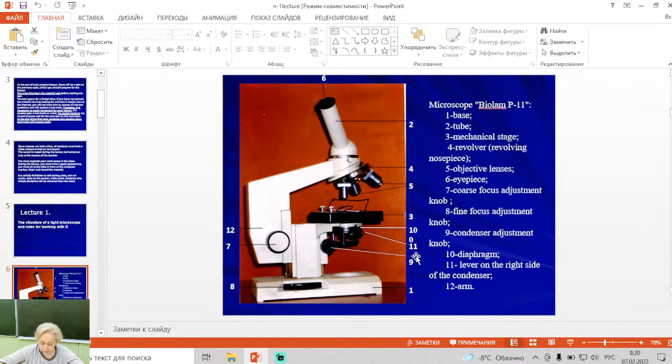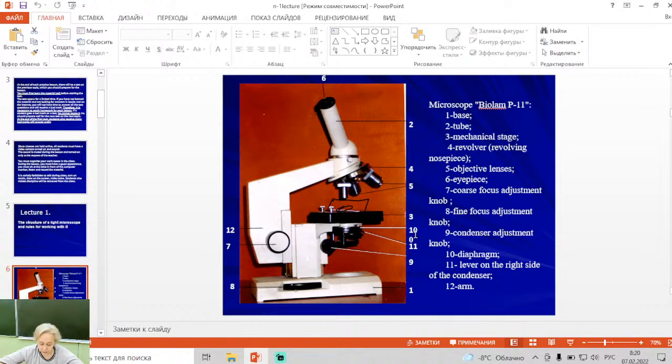The condenser is located under the stage. It consists of 2 or 3 lenses entered into a joint frame. By changing the position of the condenser, above or below, you can modify the intensity of light.